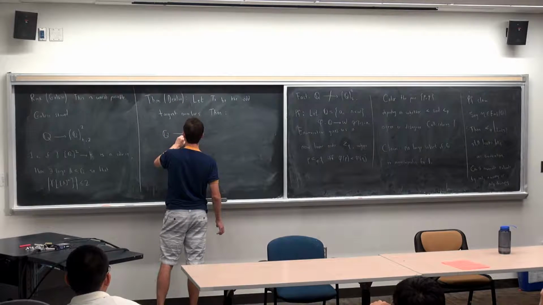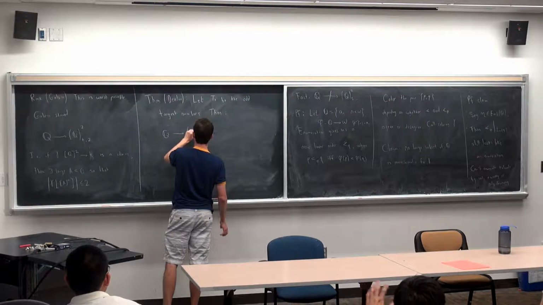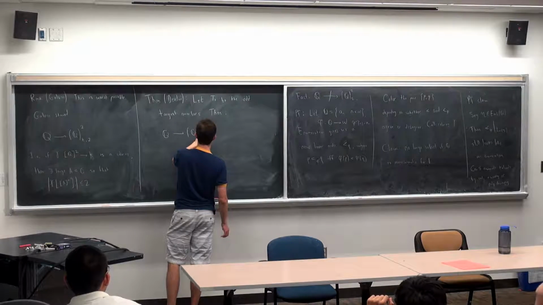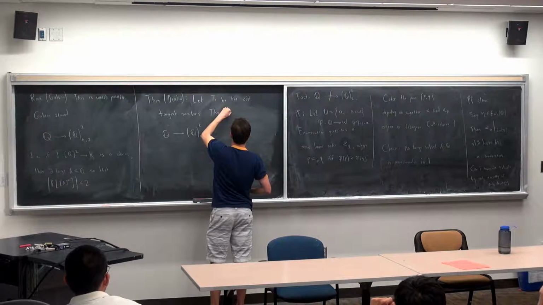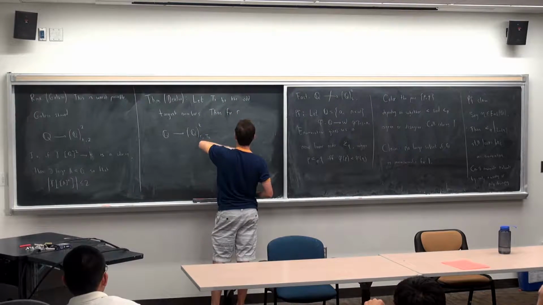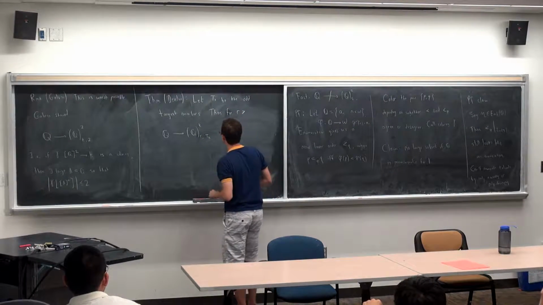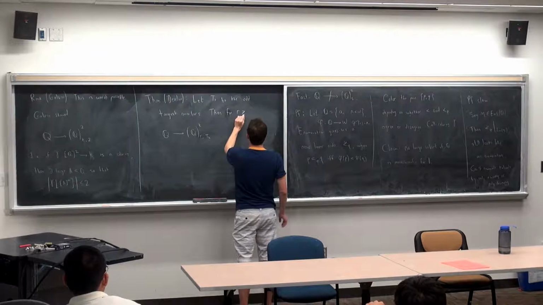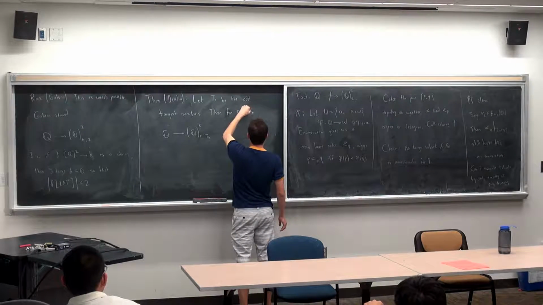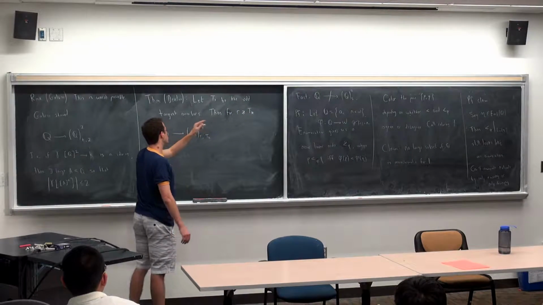Q arrows Q, K, R, TK for R greater than TK, or I guess greater than or equal to. So R is some large finite number of colors.